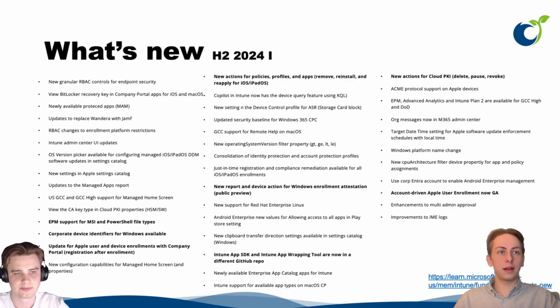What was your highlight from half year two? So I actually think a lot of them are really nice additions to Intune, but specifically when we're talking about some of the biggest highlights, I would say EPM support for MSI and PowerShell file types. It just makes using EPM a lot more handy than it was before. And also, if we have to talk about another big feature, the Windows Enrollment attestation as well.